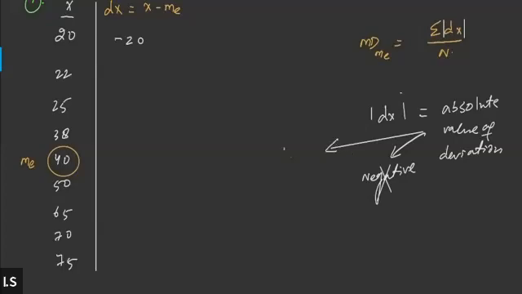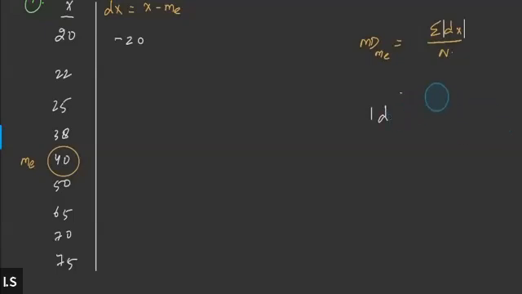Sir, you have to take the positive value. That simply means that while calculating absolute deviation, we must ignore the negative or positive sign.